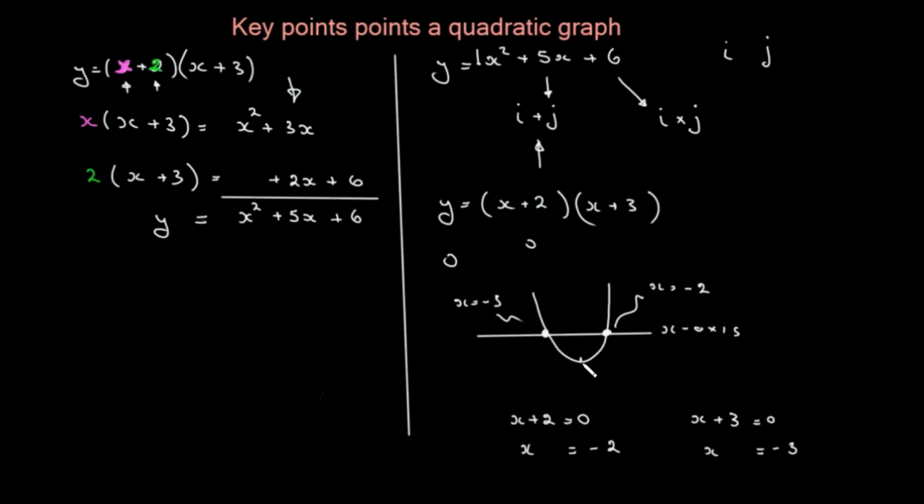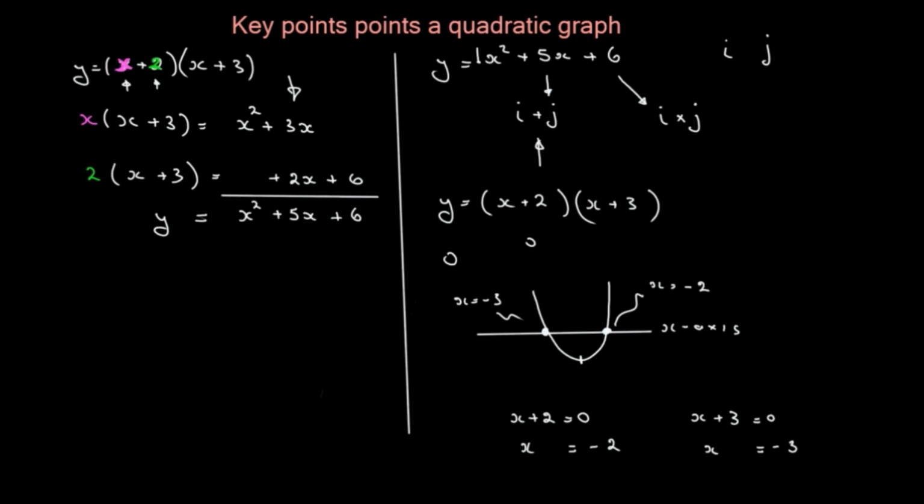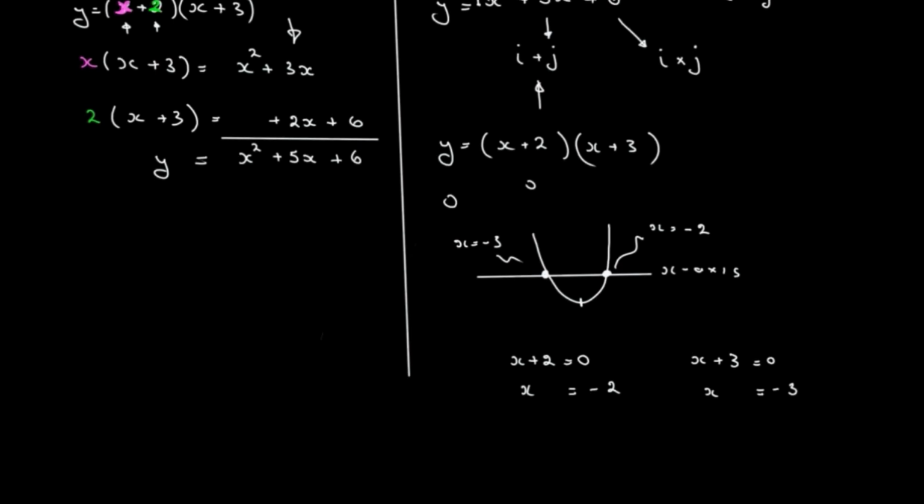Now the minimum, as it's that shape, is at the midpoint between those two. It is exactly in the middle. If we do this, we have minus 2 put with minus 3, divided by 2, and that gives me minus 5 divided by 2, which is minus 2.5.